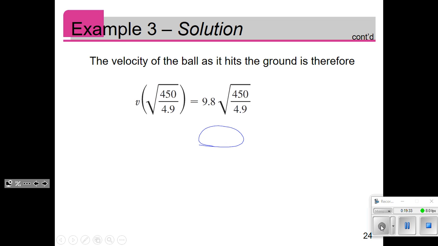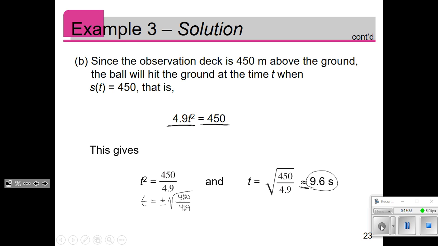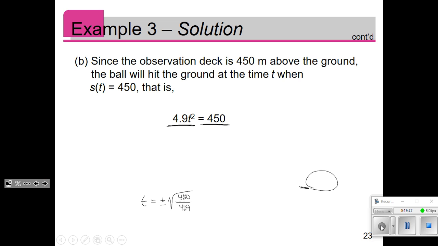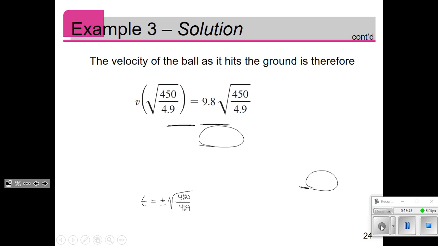If you all remember, let me back up. What was the velocity at 5 seconds? It was 49 meters per second. The velocity when it hit the ground is much greater than that. Okay, it's 94. You all realize as something drops, it actually accelerates, right? The speed.